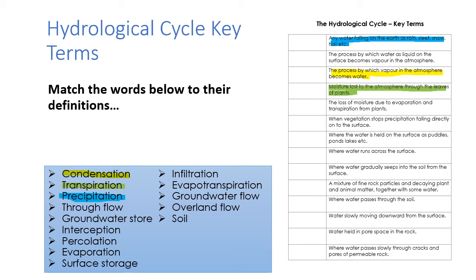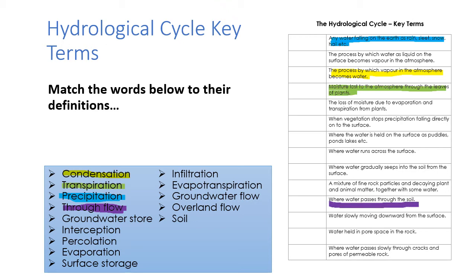Now, the next one is throughflow. Geographers are an unimaginative bunch. So throughflow is the flow of water through the soil. So what you're looking for here is where water passes through the soil.